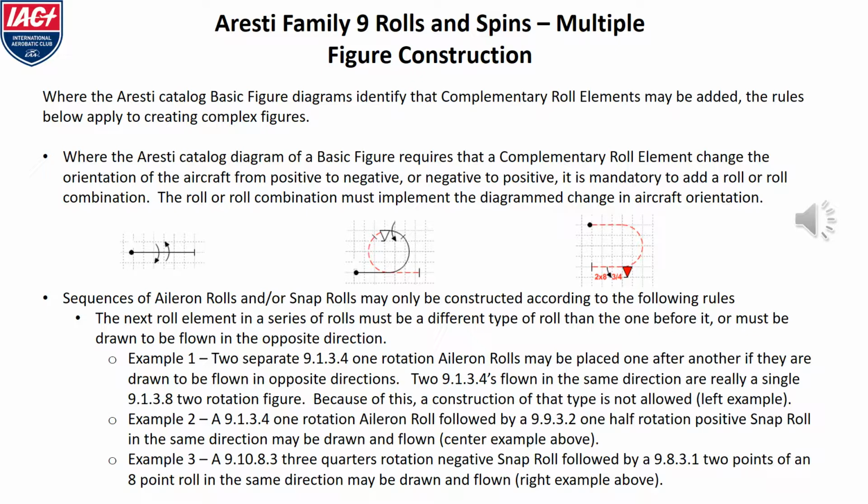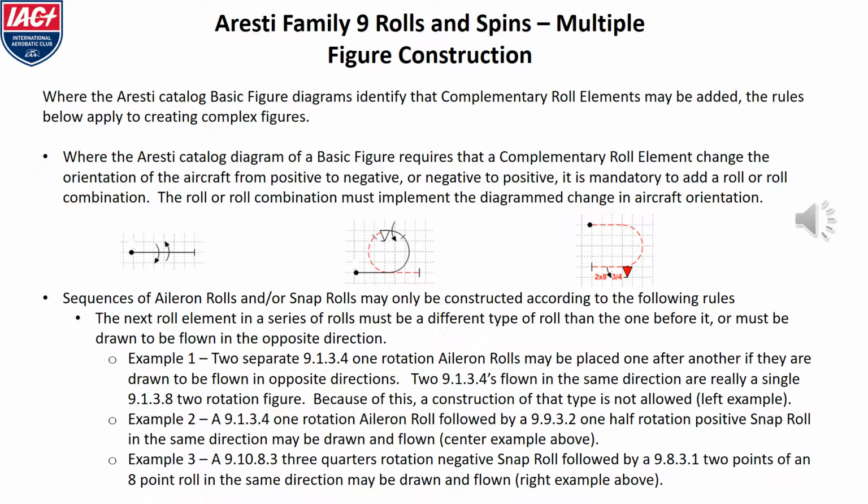We have three examples here. In the example 1 on the left, we have two separate one rotation aileron rolls that may only be placed one after another if they are drawn to be flown in opposite directions. The second example in the middle shows a one rotation aileron roll followed by a snap roll.